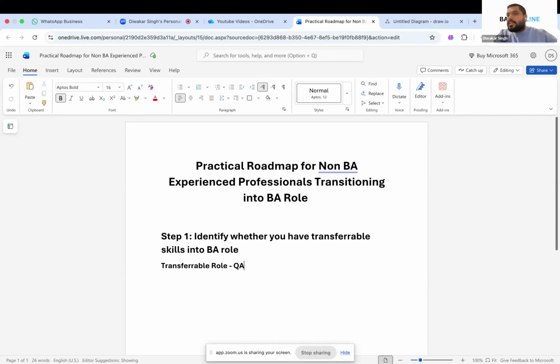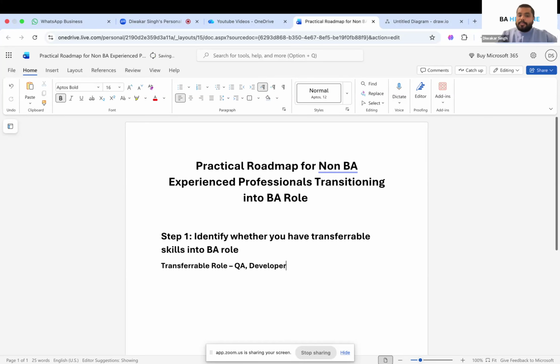Your journey would be easier compared to a non-transferable role, because QAs and testers work closely with BAs. They know a lot about what a BA does, and a lot of QA skills can be utilized in BA. So this is one such role where you can move to a BA role.